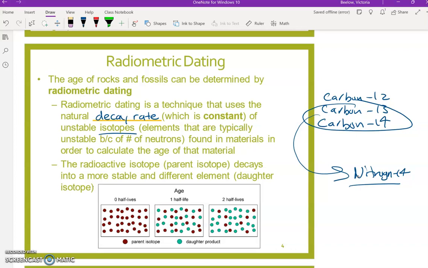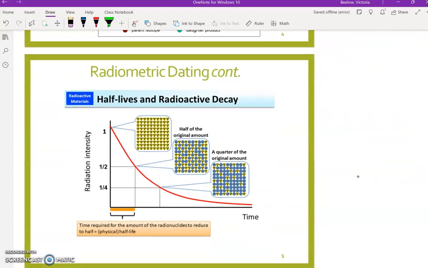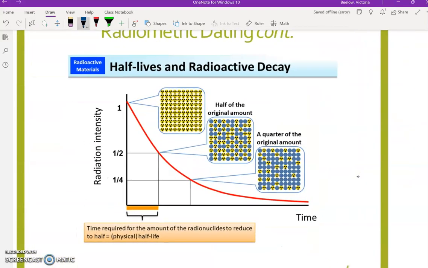They have very specific what we call half-lives. A half-life is how long it takes for half of that element to decay. And we can use that to do some calculations and figure out how old something can be. So here's a visual representation of that. A little radioactive isotope here.